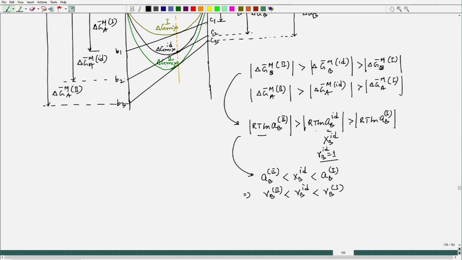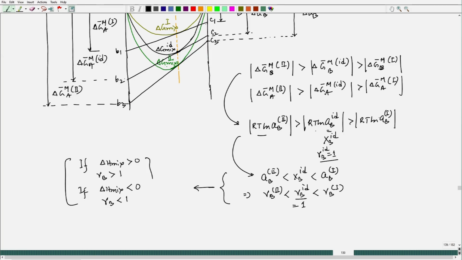So from here we can say that if delta H mix is slightly positive, gamma B would be greater than 1, since this value is 1, and if delta H mix is less than 0, gamma B should be less than 1.